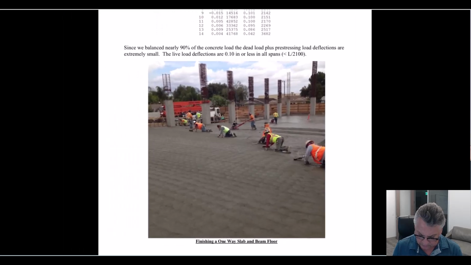Here's a picture of some hardworking people, and I don't envy them. My knees, 57 years old right now, just looking at this, I feel pain. But these guys are doing a beautiful swirl finish. It really looks like artwork, and these guys are artists in their own way. That swirl finish actually creates friction for cars as they're driving.